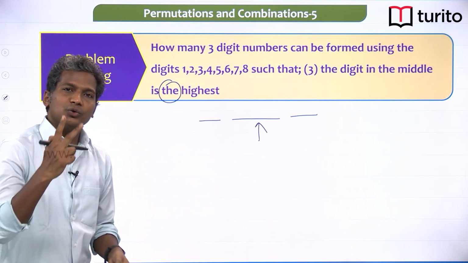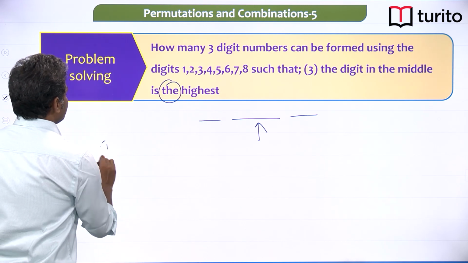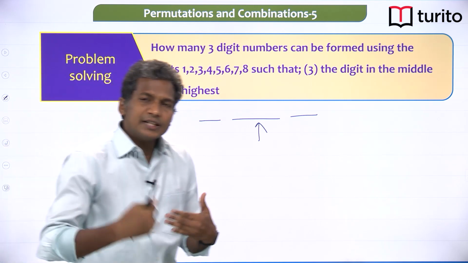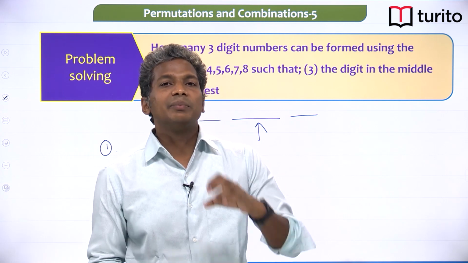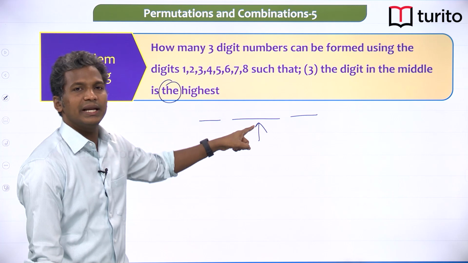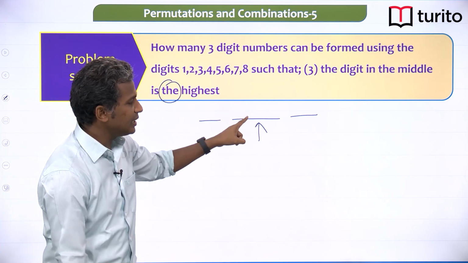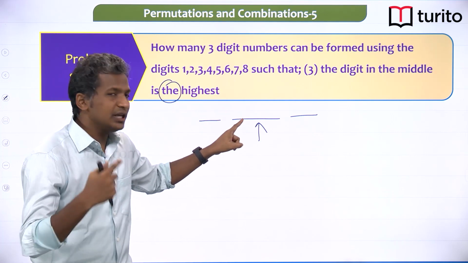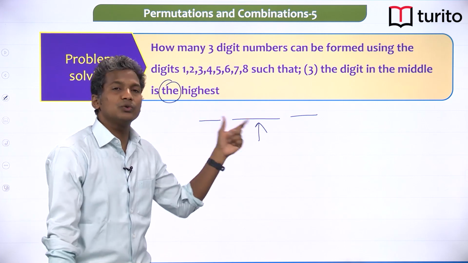I am going to take 2 methods here. One is I will observe case by case. What happens if the middle digit is fixed? Let me fix the middle digit to be 8. If the middle digit is 8, how many options are there for the other 2 places?